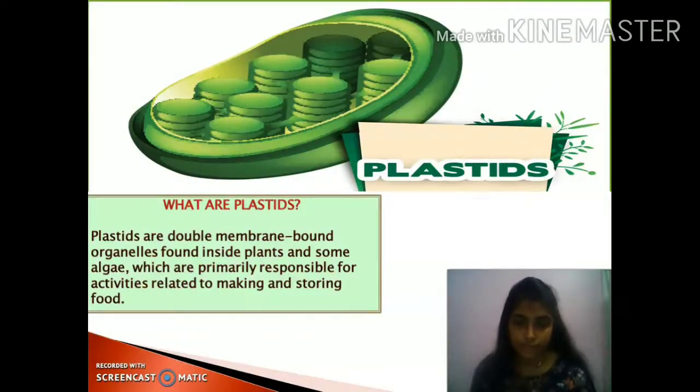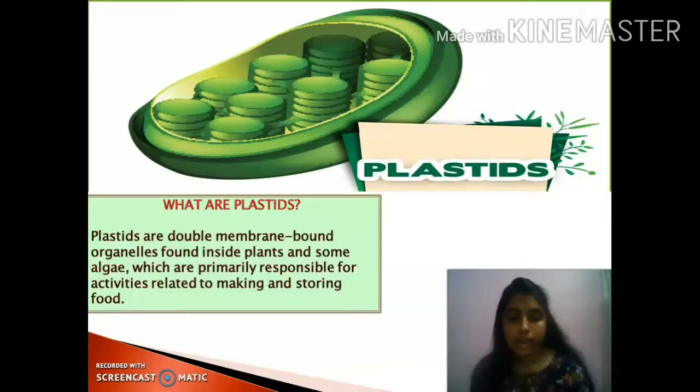Next, we are going to study a very important cell organelle termed plastids. Plastids are generally found in green plants and also algae. They are absent in animal cells, and they are double membrane bound organelles primarily responsible for preparing food and storing it in plant cells.